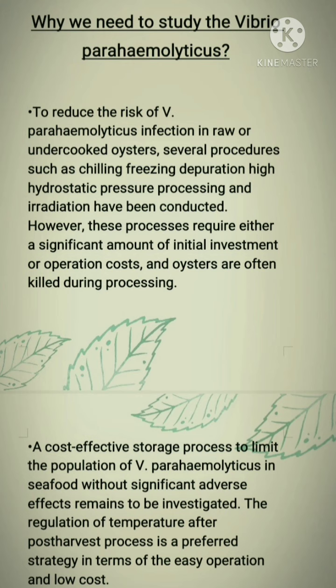A cost-effective storage process to limit the population of V. parahaemolyticus in seafood without significant adverse effects remains to be investigated. The regulation of temperature after the post-harvest process is the preferred strategy in terms of easy operation and low cost.